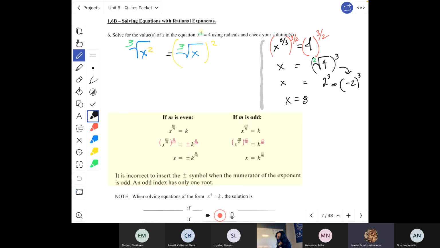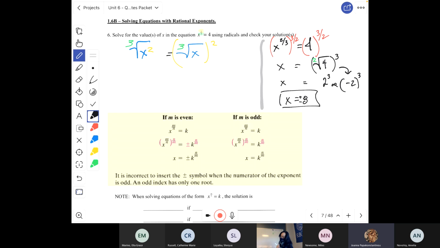So the answer is plus or minus 8. Because -2 cubed is -2 times -2 times -2. So we have to keep in mind that when we're taking the square root of a number, we have to look at the positive number squared and the negative number squared for the radical, because that's plus or minus 2.